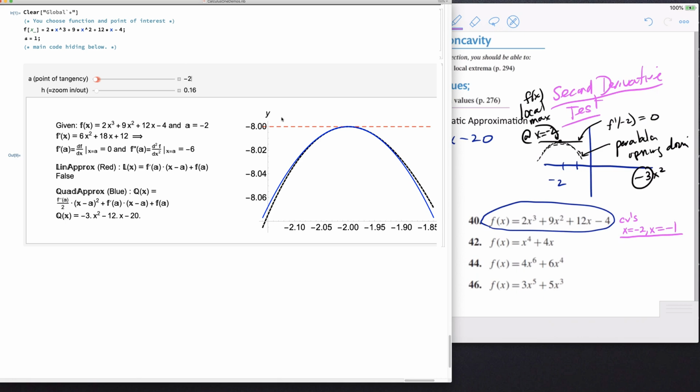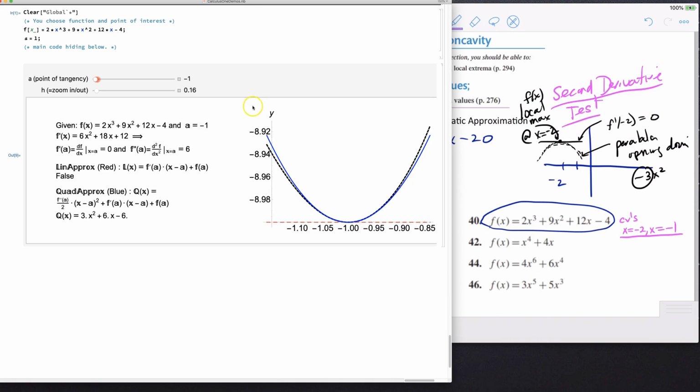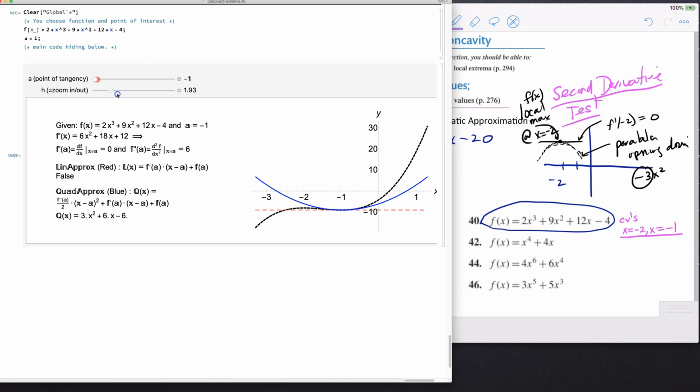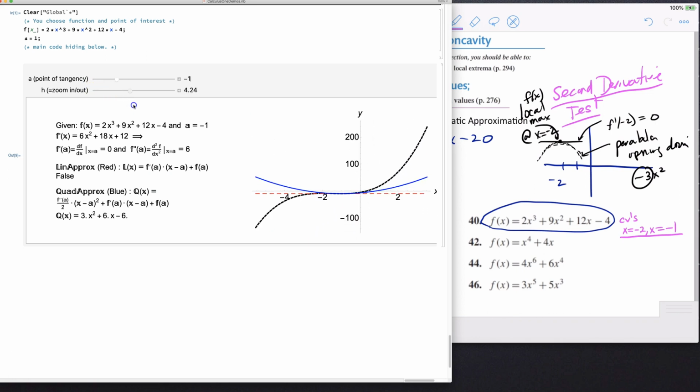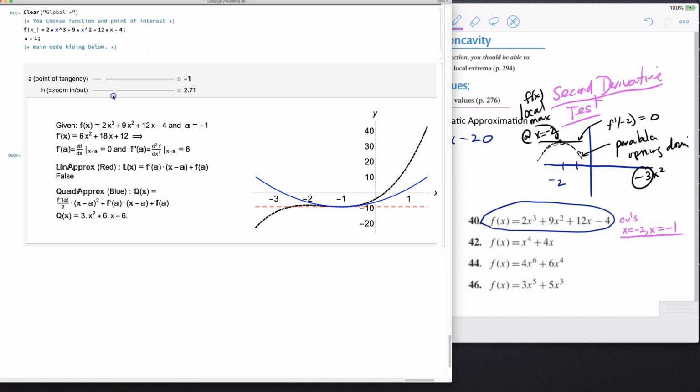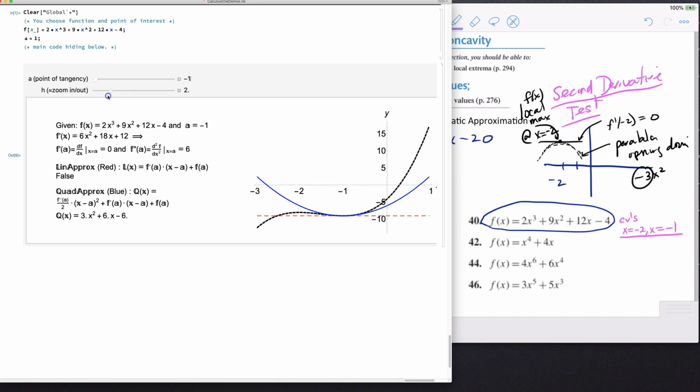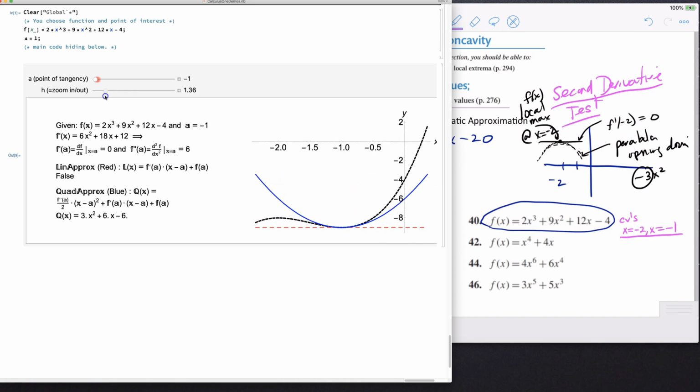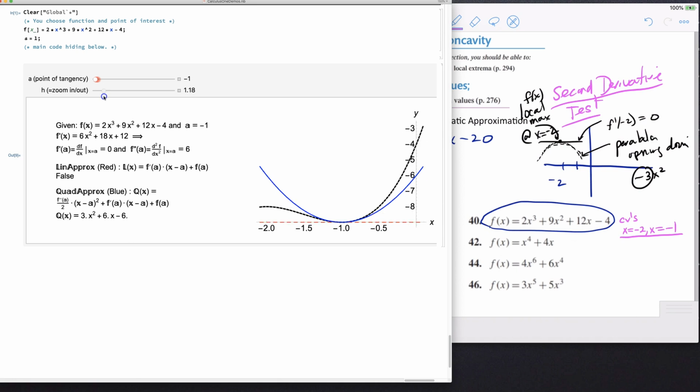Okay. At -1, the function is doing something slightly different. On the large scale, if you zoom out, the function is doing quite a bit of twisting and turning here. But if you zoom in more and more and more on the value -1, we can see that the function gets closer and closer to looking like this quadratic approximation.